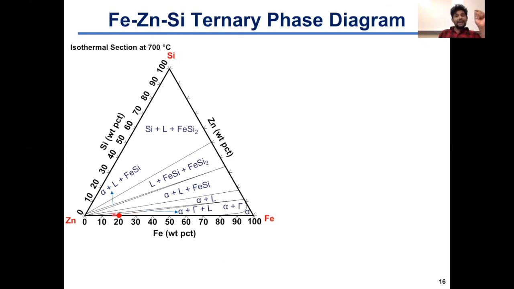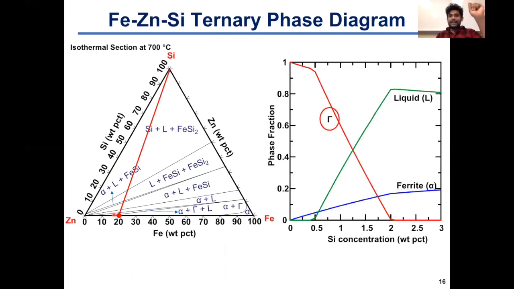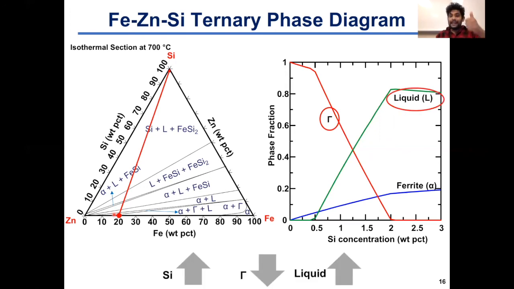Now, if we add intentionally silicon to this alloy, keeping the Fe-zinc ratio fixed, and we look into the relative stability of the gamma phase and the liquid phase, here is the result. We see that the gamma phase stability reduces as we increase the silicon concentration of the alloy, with a concurrent increase in the liquid amount that is present at equilibrium.